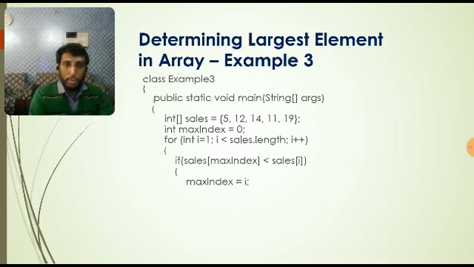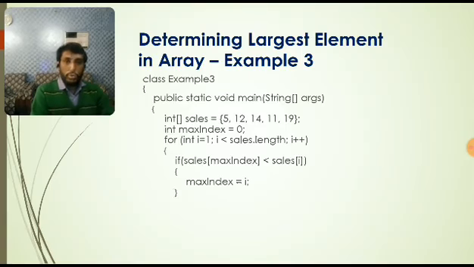So again 12 less than 14, yes, it's true, so 14 will come. 14 less than 11, no, false, so 14 will stay; 11 will not be updated. Again 14 less than 19, yes, it's true, so 19 will be updated. So the maximum will be 19 now.